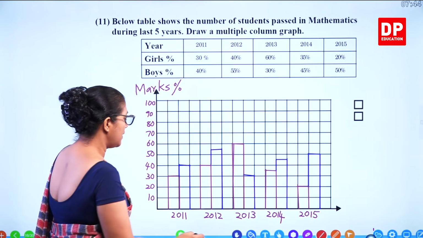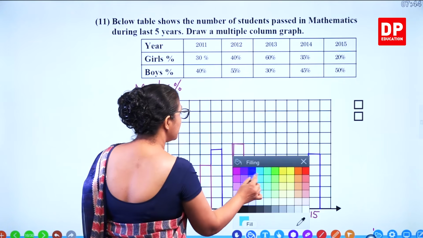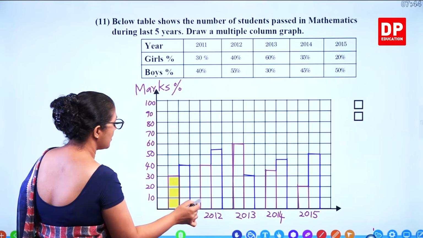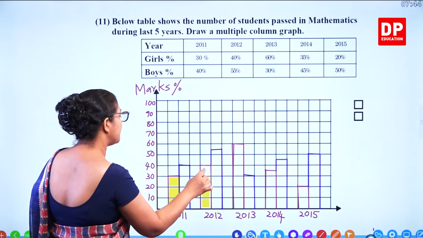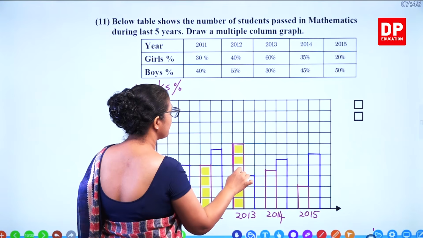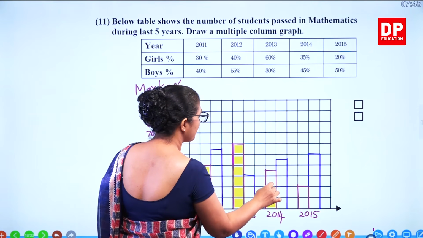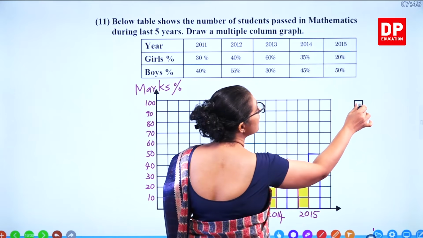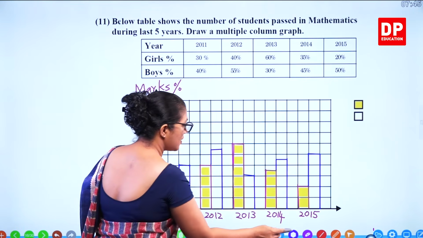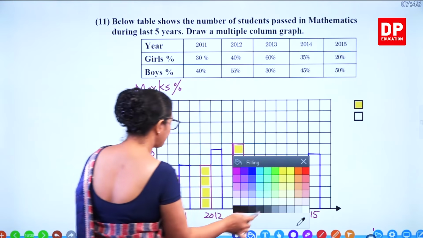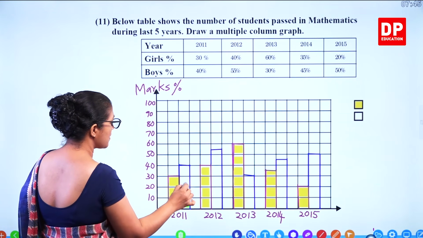Now we'll give a color. So we'll give girls marks yellow color. And this is yellow, and another color for boys marks.